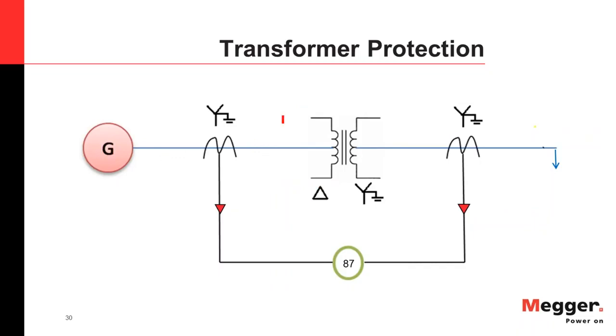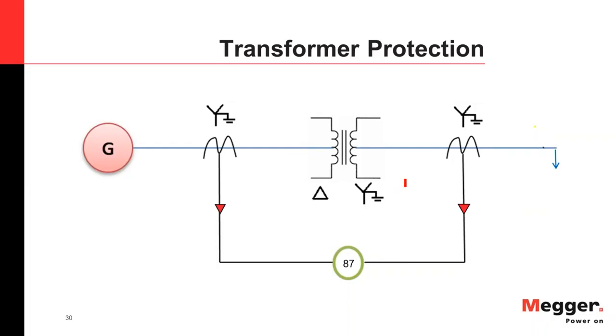I have CTs connected, which are Y connected, and I have a delta-Y transformer, and I have an 87 element which is observing the differential current from these two CTs. So in case of a high differential current, I mean an internal fault, my 87 element will pick up and I have a differential trip. Because from the differential protection, basically I'm protecting my transformer, because it's a huge asset and it costs a lot.